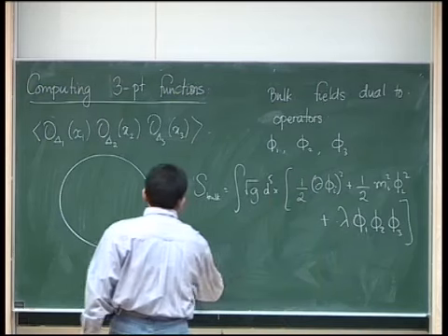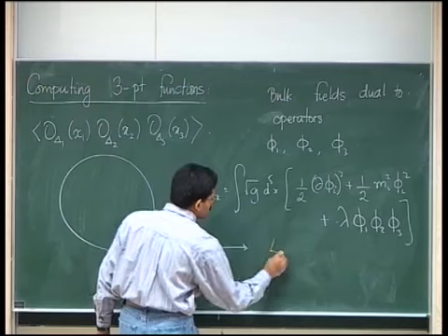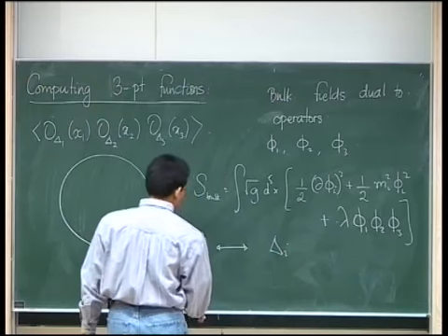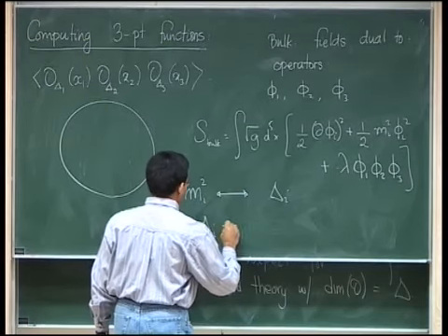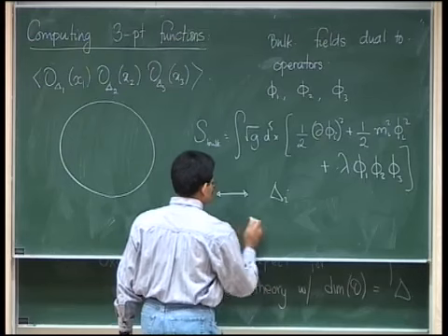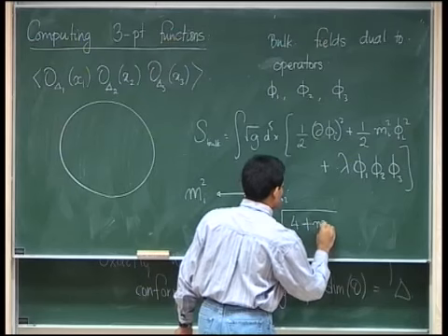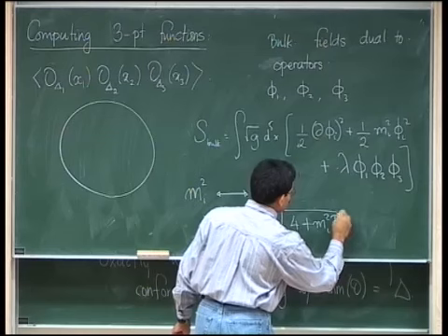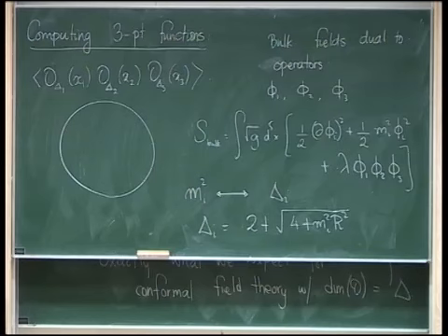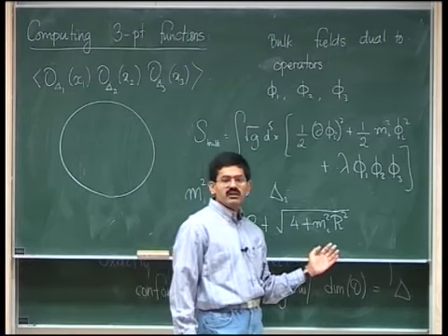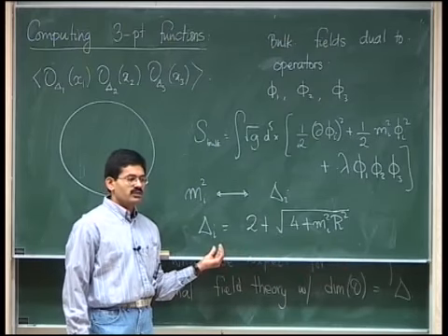And the masses are related to the scaling dimension via the equation that I just erased. So delta i. So I determine the appropriate fields in the bulk by making sure that they give me the right conformal dimension for the operators on the boundary.